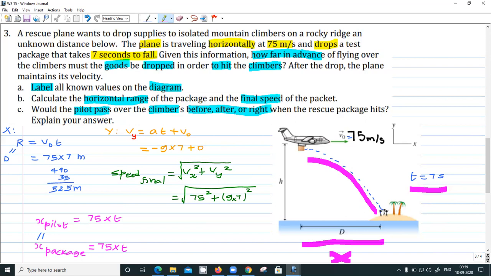Okay, have they given the answer? Yeah, let me check it. Yeah, it's 101.6 meters per second.